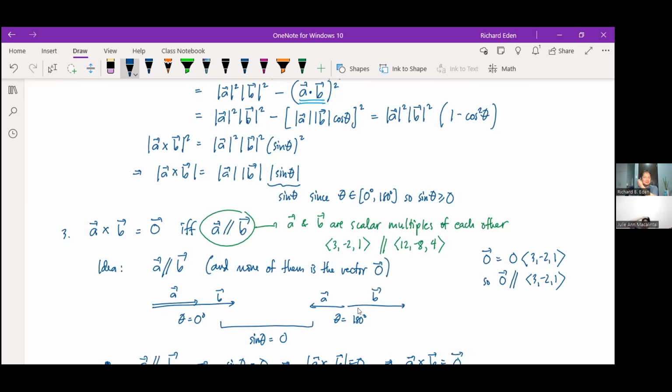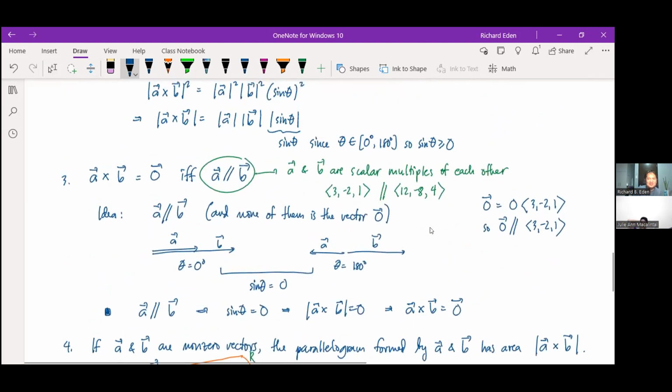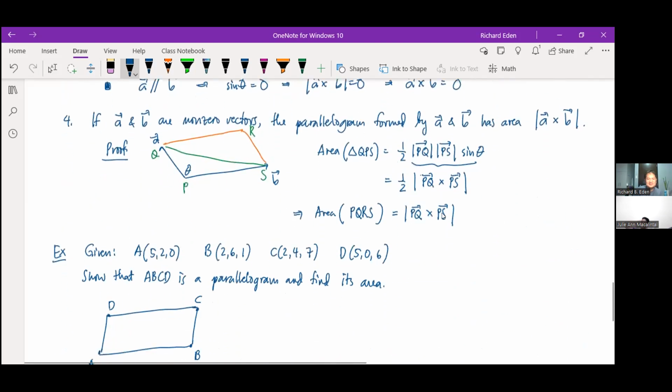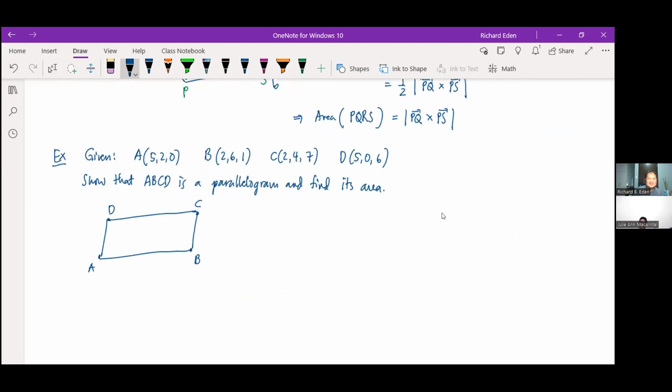Don't take the cross product. That's a nuclear option, unnecessarily more tedious than just comparing. For example, 12 is 4 times 3, -8 is 4 times -2. That's enough. Why use advanced calculus?